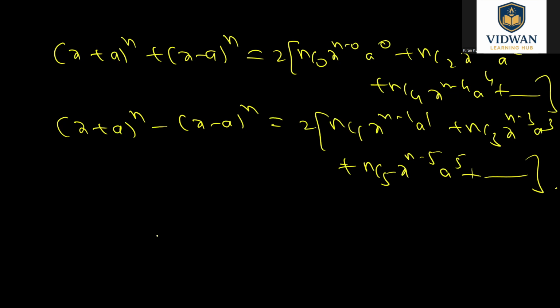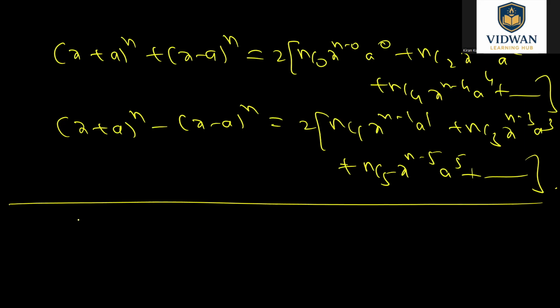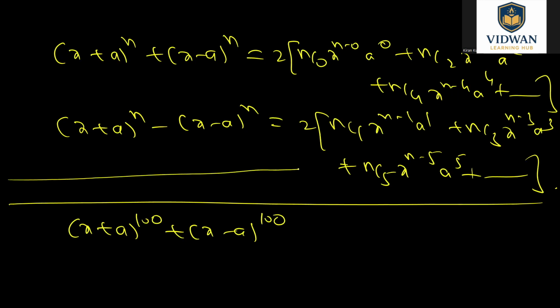So based on this, suppose I ask you, in the expansion of (x plus a) power 100 plus (x minus a) power 100, what is the number of terms? Number of terms would be 50 or 51? 51, because you need not write the full expansion, but what kind of terms will be there?